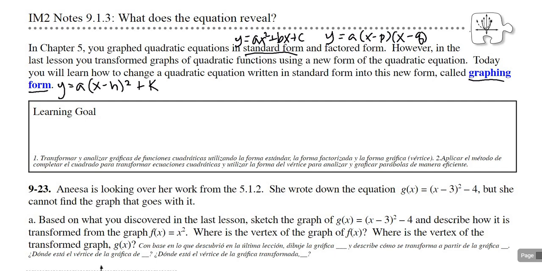Now, today we have a couple of learning goals, and we'll write these in first person.